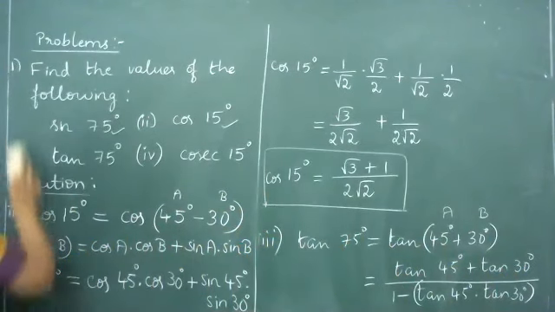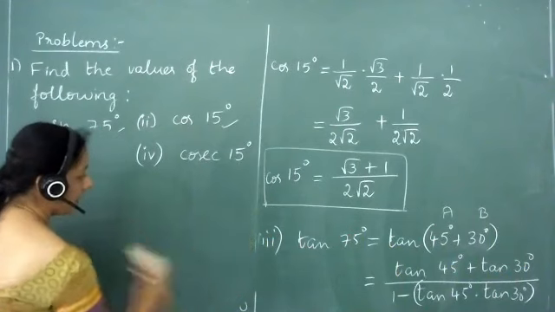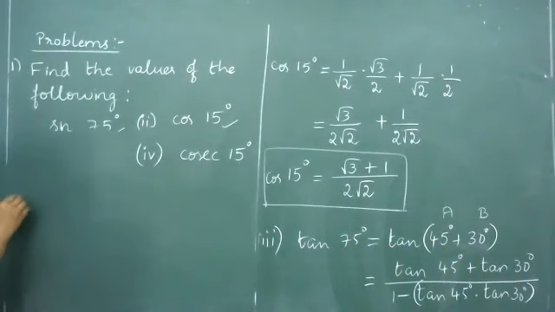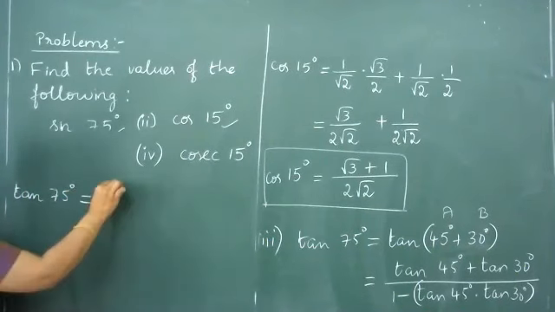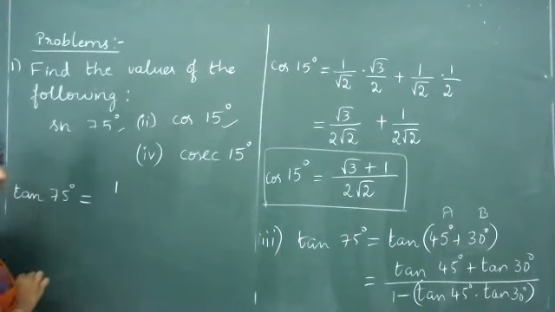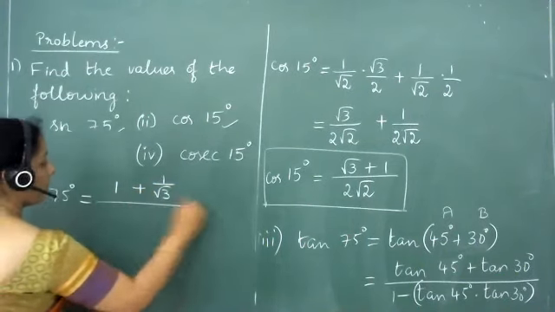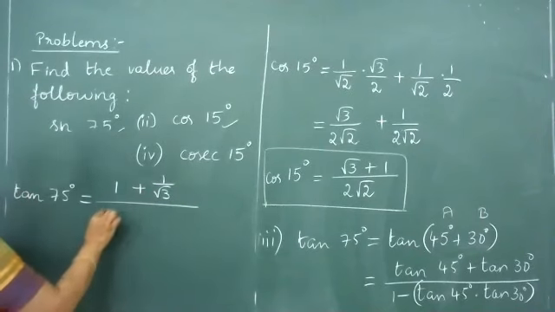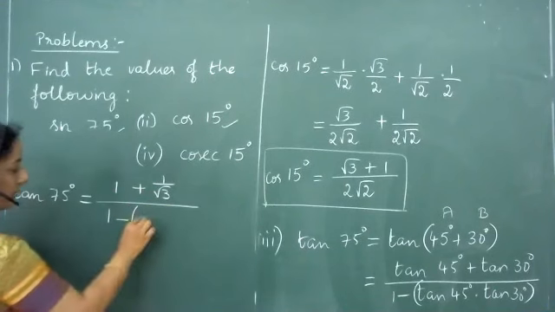We now have to simplify the obtained expression, and thereby tan 75 degrees is now going to be equal to, we all know tan 45 degrees is 1, tan 30 degrees is 1 divided by root 3, whole divided by 1 minus the product of the above two values.